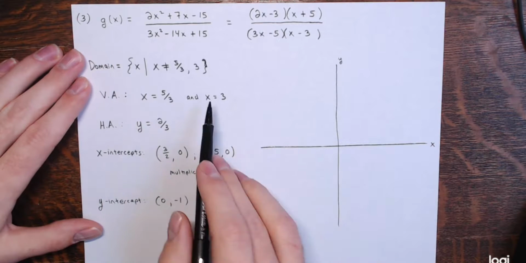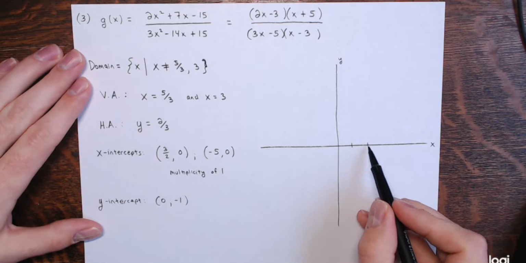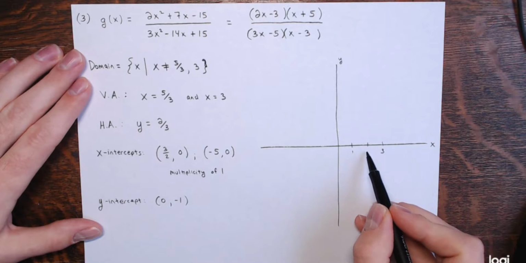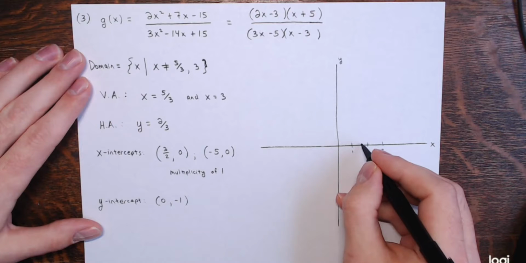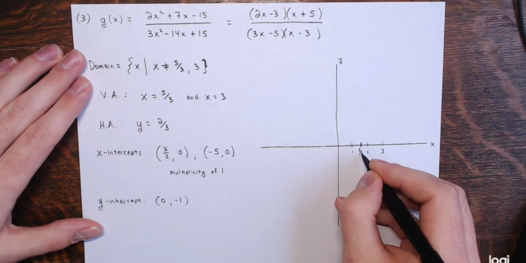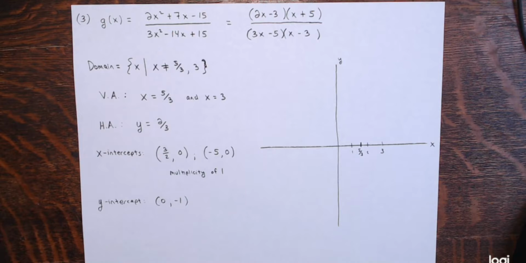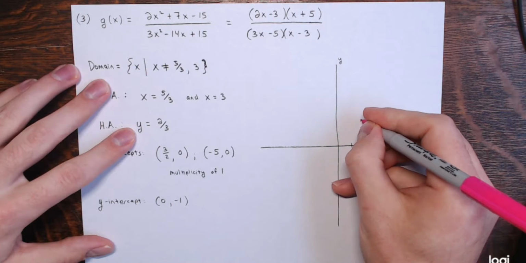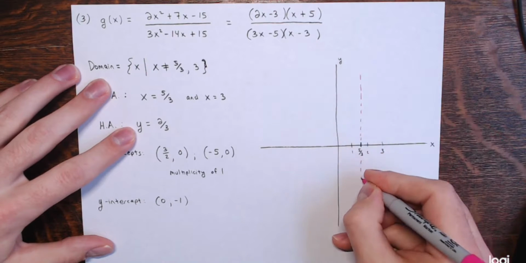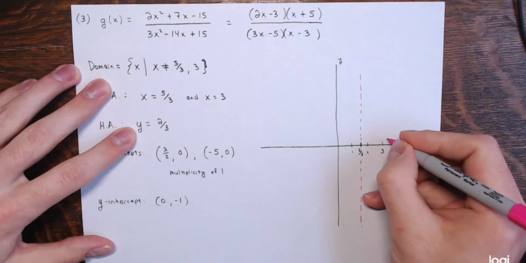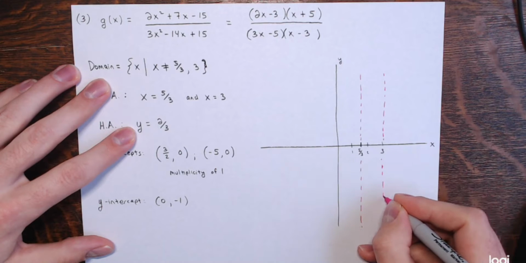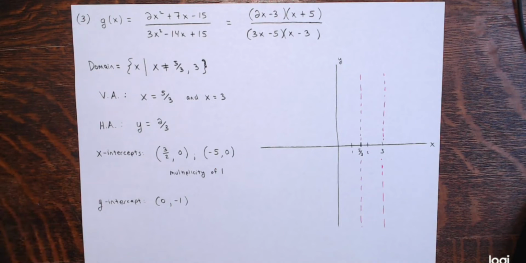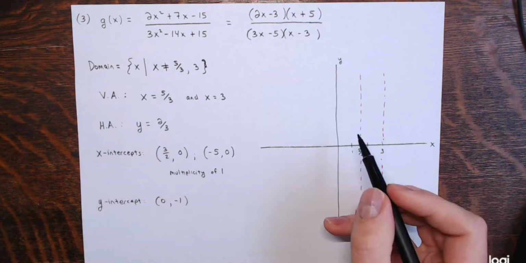So again, vertical asymptotes at 5/3. There's 1, 2, 3. And 5/3, it's 1 and 2/3. So maybe around here. I'll put my vertical asymptotes in at 5/3 and positive 3. Alright, and then horizontal asymptote at y equals 2/3.